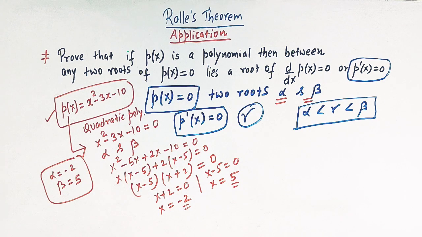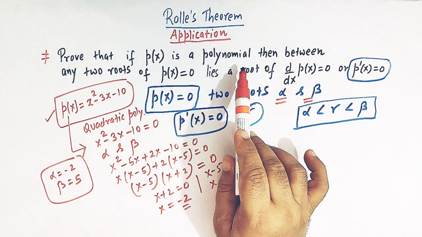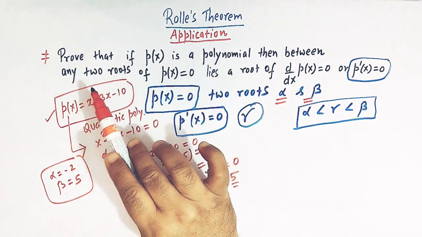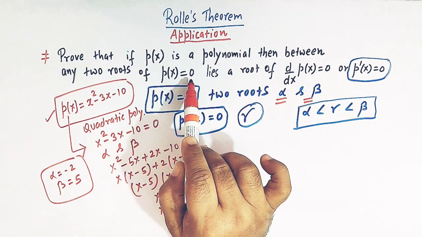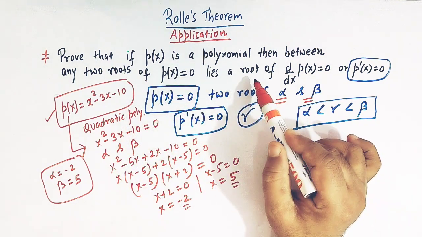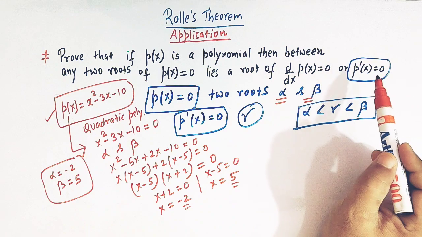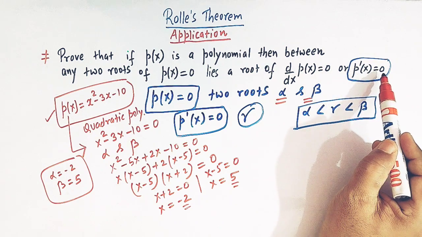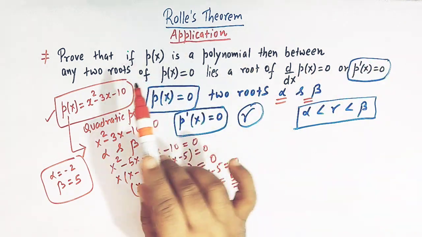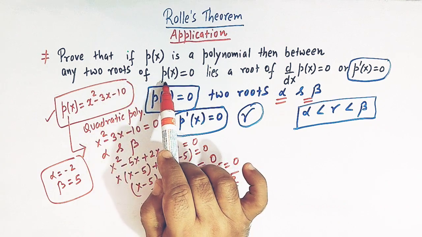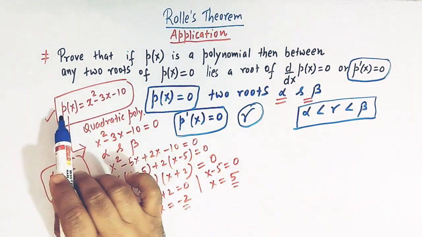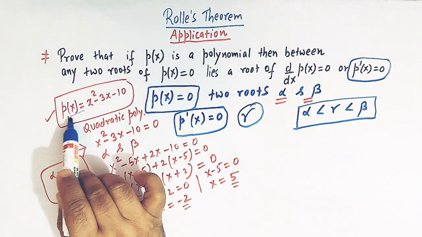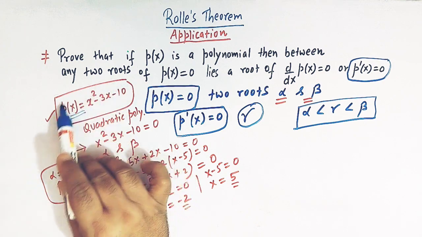right? Now see, this problem says that if we have any two roots of p of x is equal to 0, then there must lie a root of p prime of x is equal to 0 between the two roots of this equation, that is p of x is equal to 0. So now let us differentiate this polynomial.